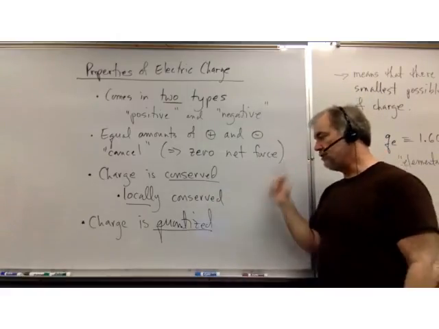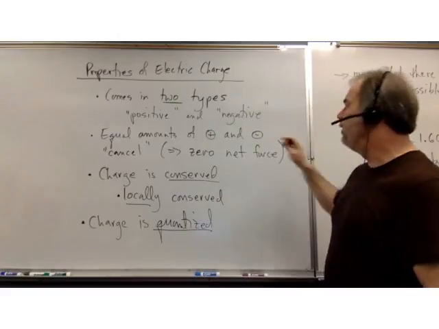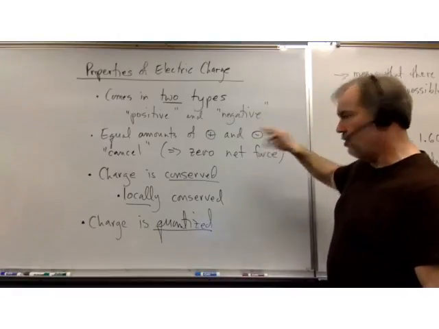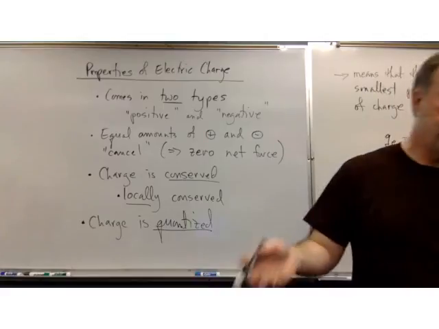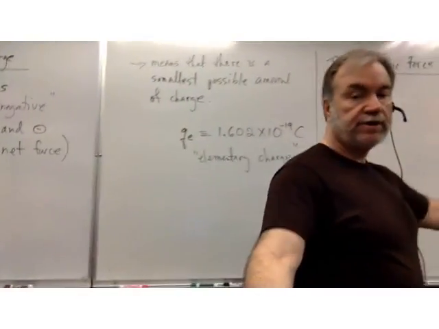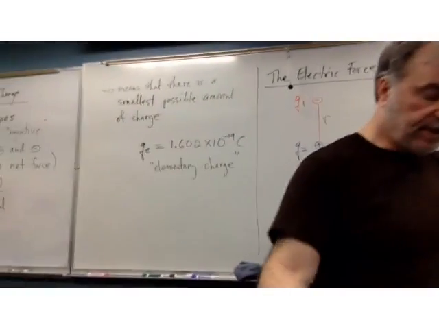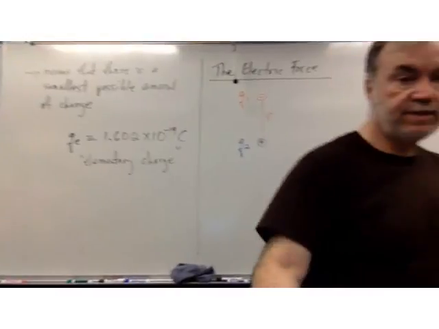I also mentioned conservation of charge and quantization of charge. But I want to focus your attention on this whole thing about the charges canceling. What I mean is that a positive charge will exert a force, a negative charge can also create a force, and the forces they exert point in opposite directions.